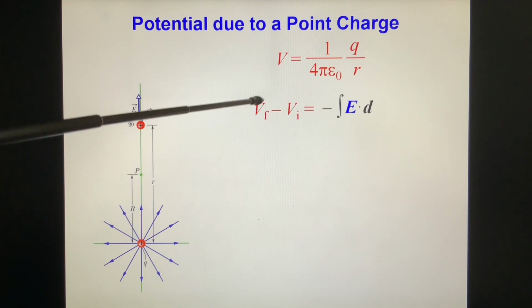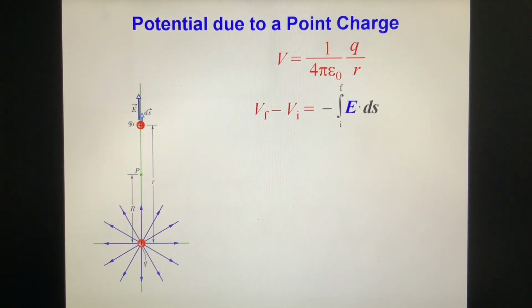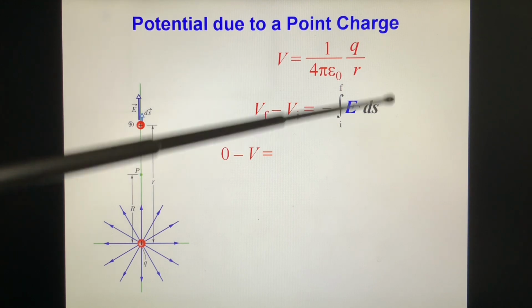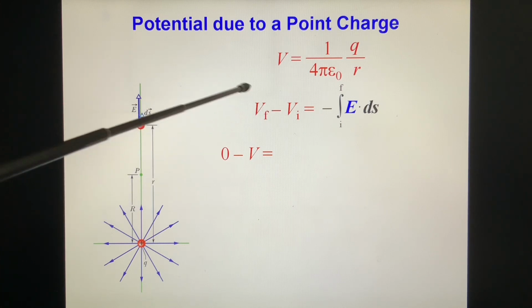We just learned that delta V equals minus the integral of E dot ds. Now we move from point P, at distance R, to infinity. Using this formula, initial is V here, at distance R. Final is infinity, so V at infinity is 0.